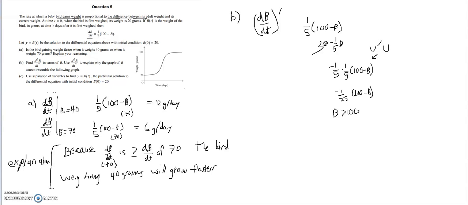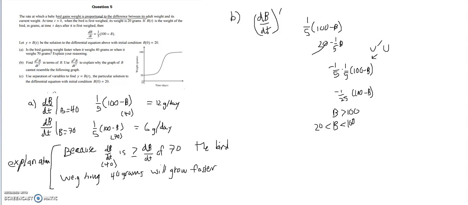However, as you can see here, it's concave up right here at this first mark. And then at B between 20 and 100, it should be concave down. And obviously in this graph, it's concave up, then concave down. So this is a change. This graph should only be concave down during the interval 20 to 100. So that's why this graph doesn't work.